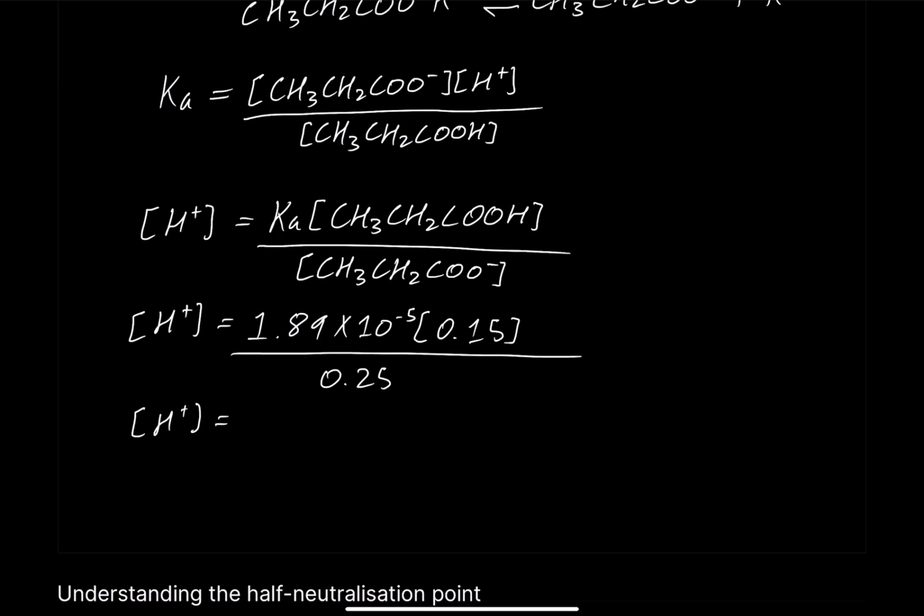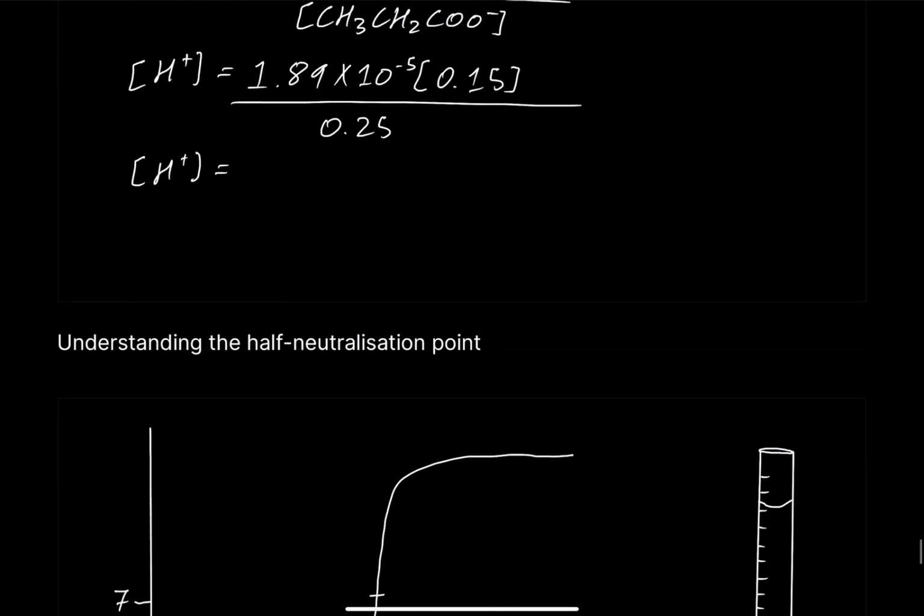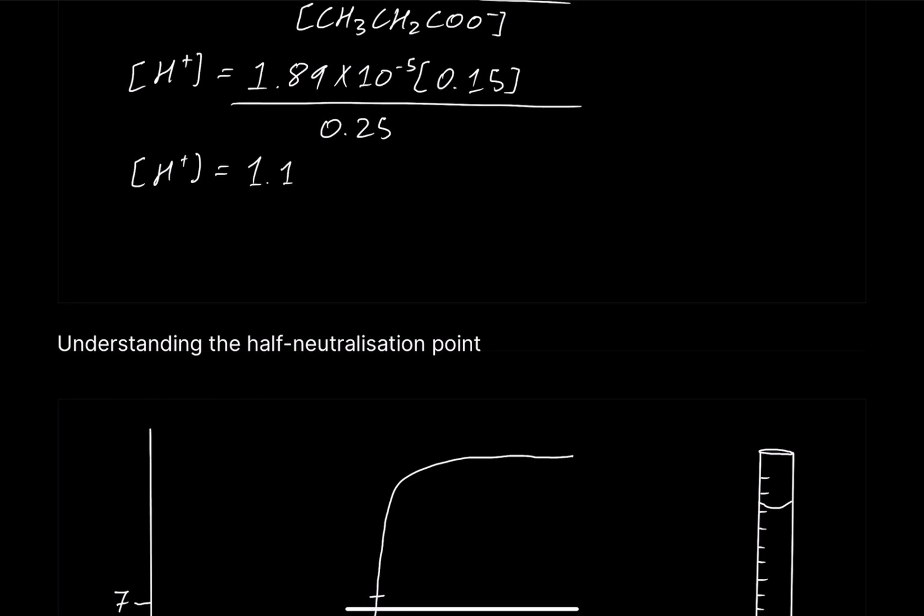1.13. Now look back at our significant figures. I got 1.134 times 10 to the power of minus 5, but always write down to three significant figures, because that's the lowest number of significant figures in our question. That's 1.13 times 10 to the power of minus 5 moles per dm cubed.